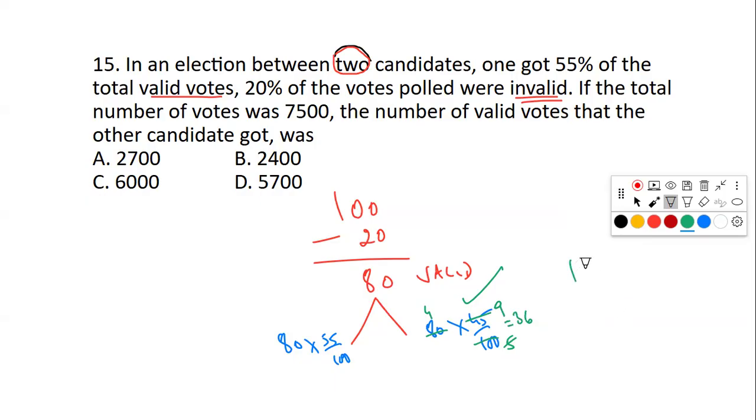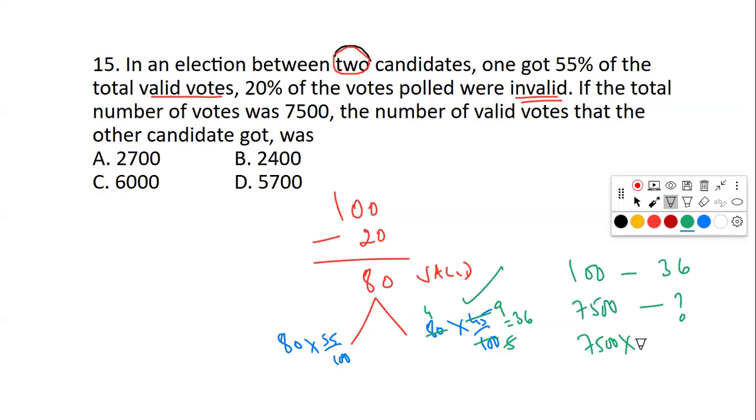So if the number is 100, this candidate is getting 36 votes. If the total number of votes is 7,500, for every 100 he gets 36. For 7,500, how much?